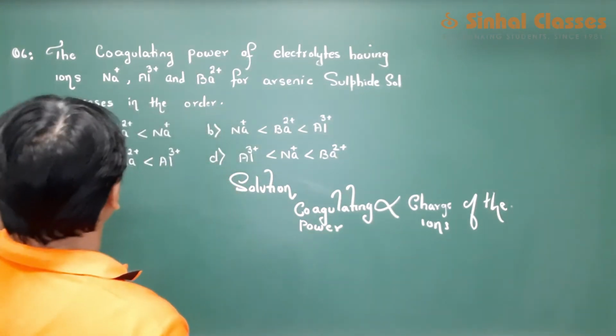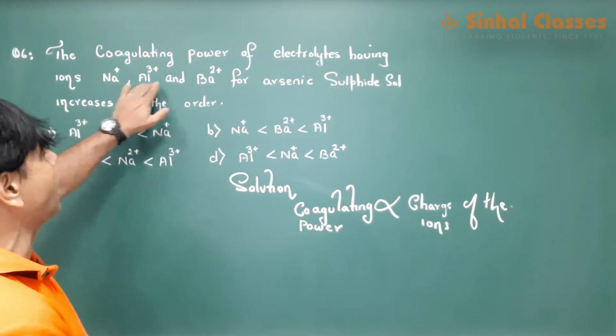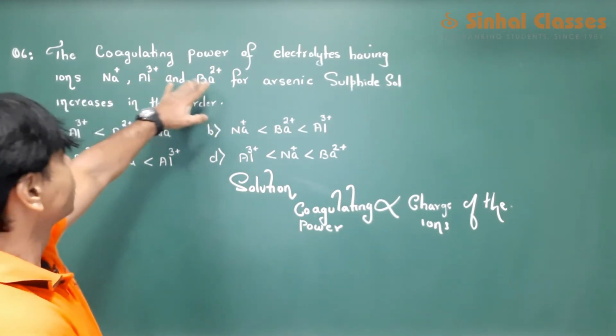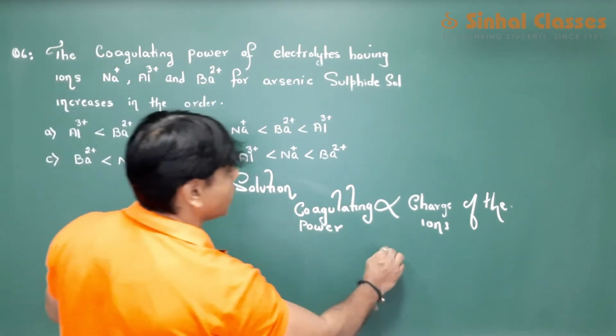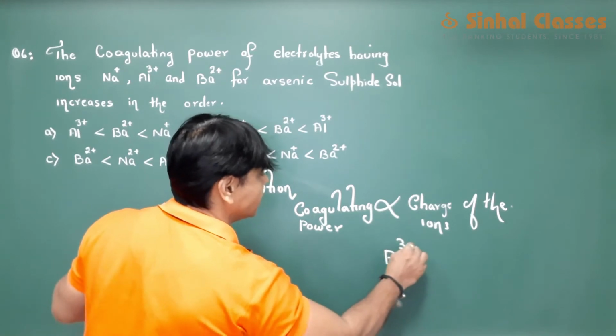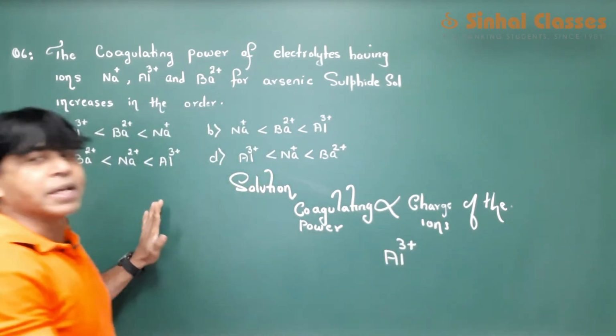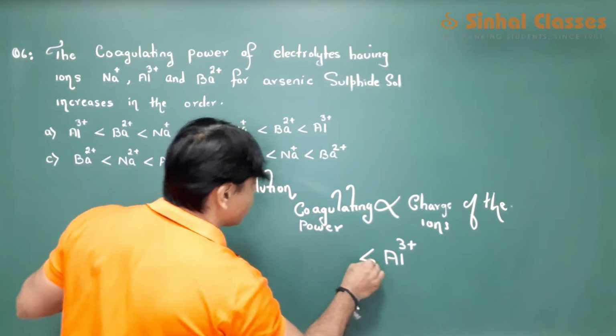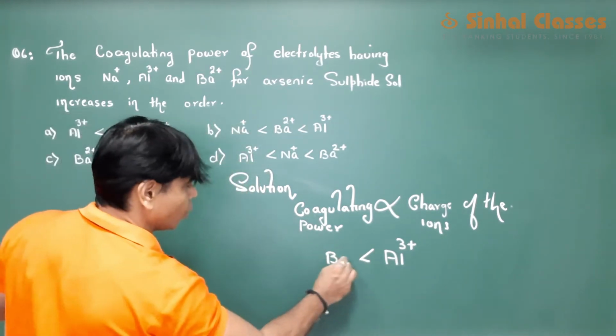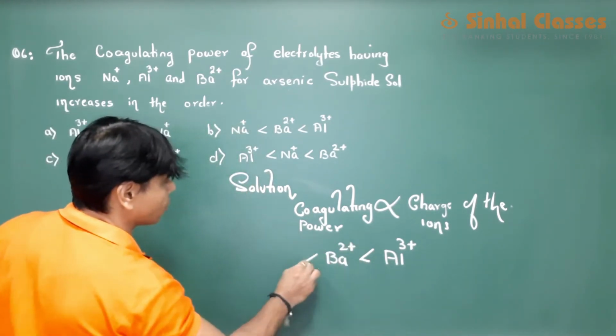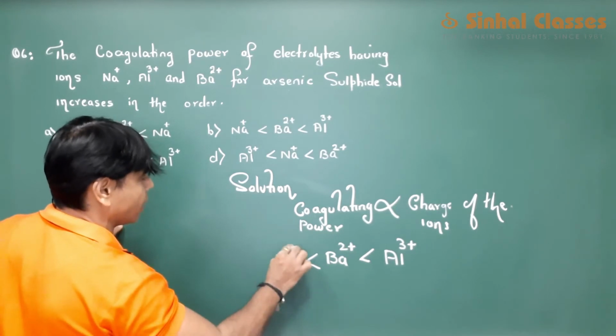So now, if I have a comparison between sodium, aluminum and barium, the one which will be better will be definitely aluminum, carrying maximum charge of +3, followed by barium ion, which is +2, followed by sodium ion.